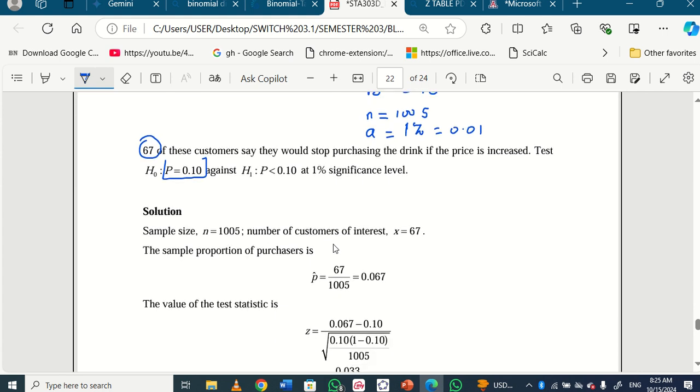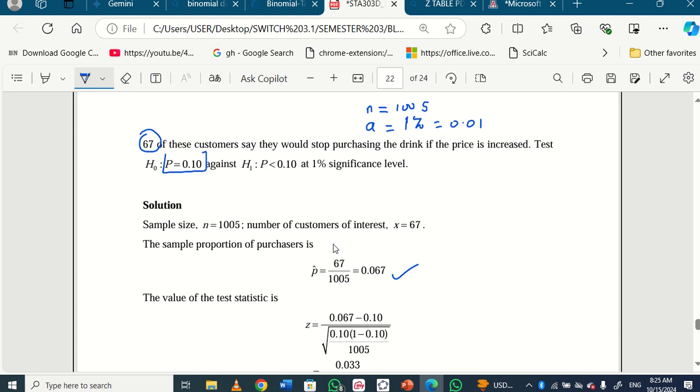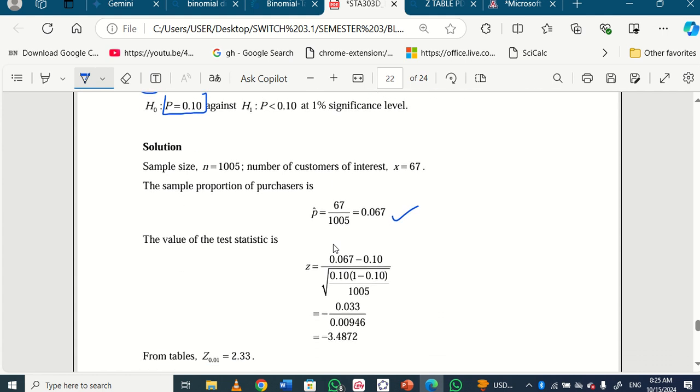So we have already calculated the proportion. Now we are going to use our test statistic, but this time it is the normal distribution. That's the z-test. So just substitute the values.